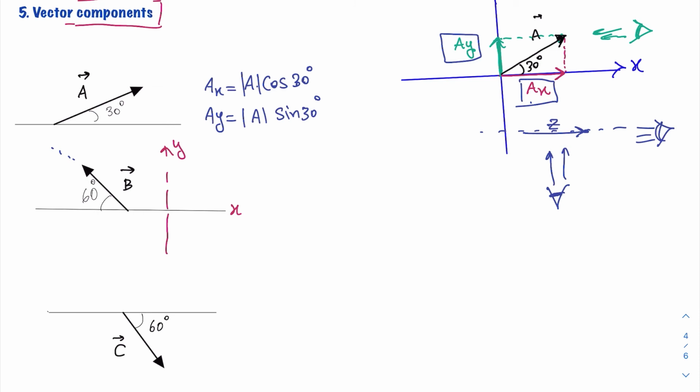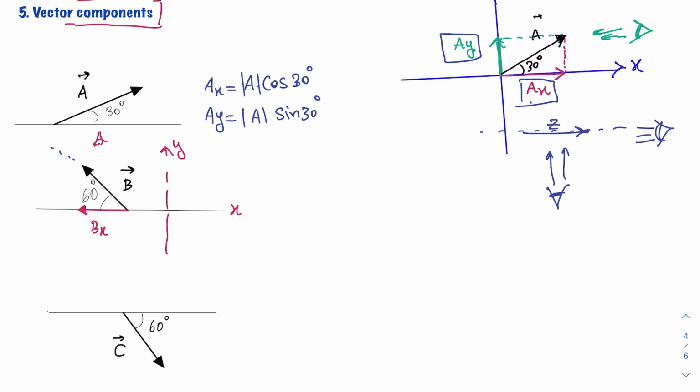Then I will draw, since the direction of vector B is towards the left and north-west, the component x in the same direction. Because if I look from above, from the top on this vector, I will see this projection on the x-axis. So I will call it b x.